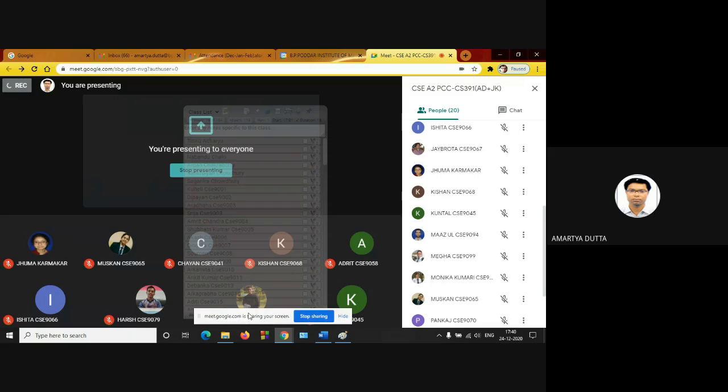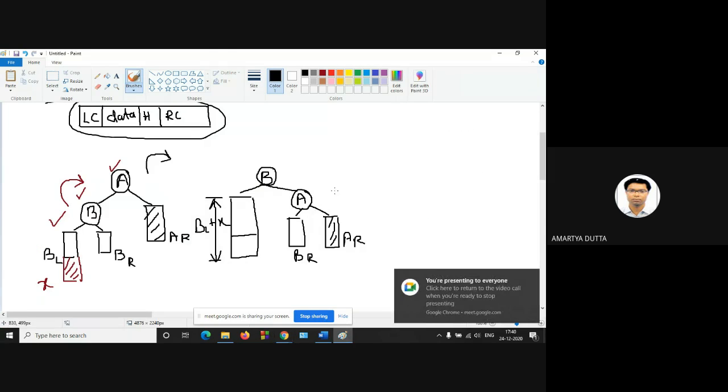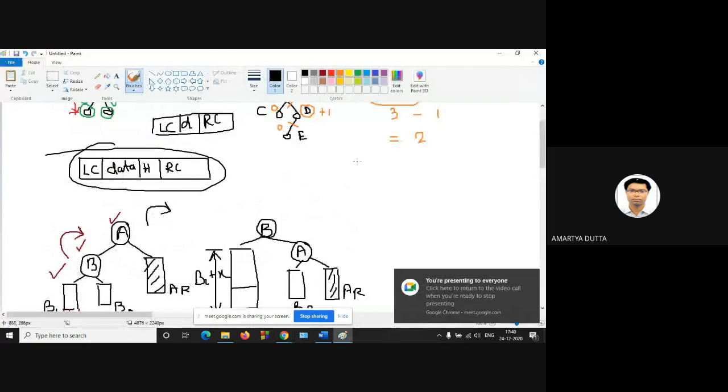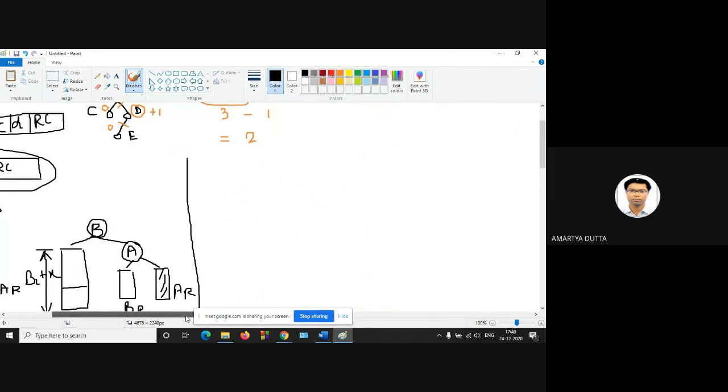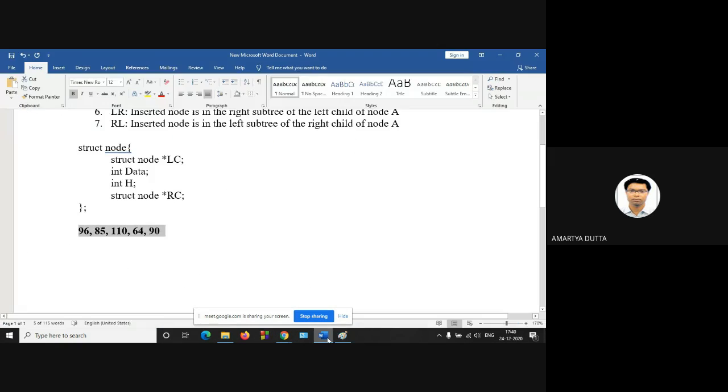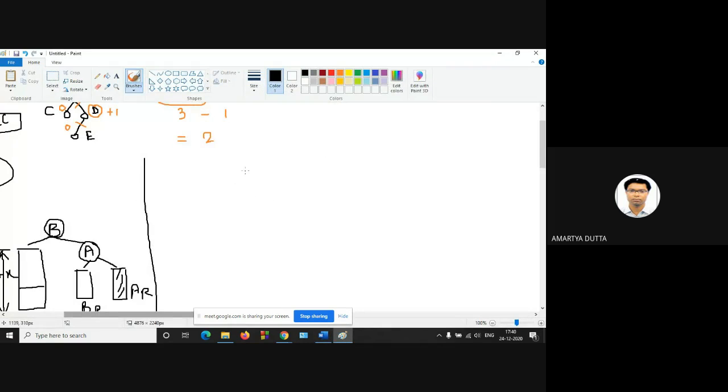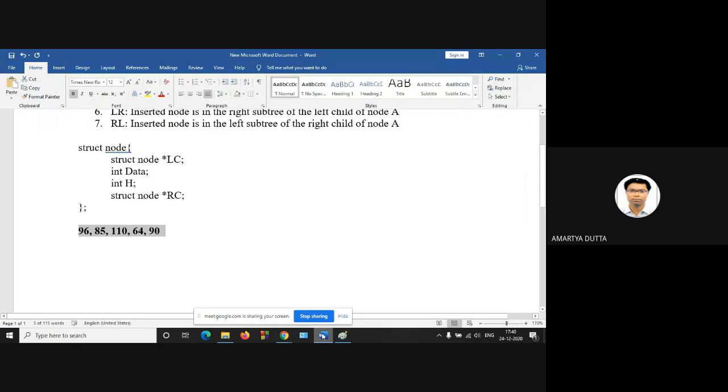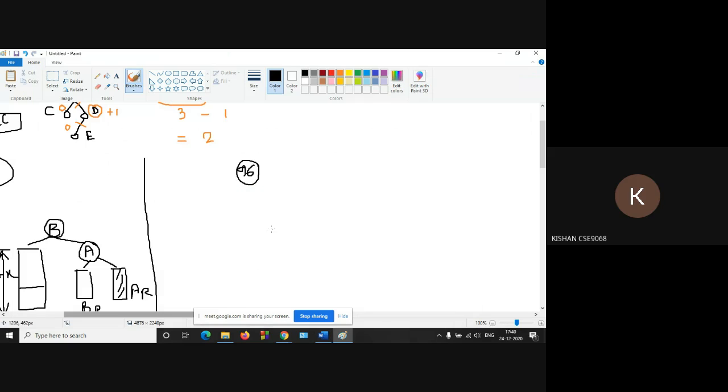So this is a binary search tree, right? Here 96 is the root. Could you please tell me what is the position of 85 and 110?